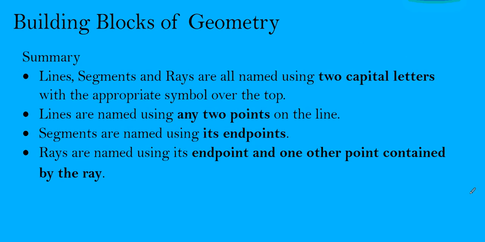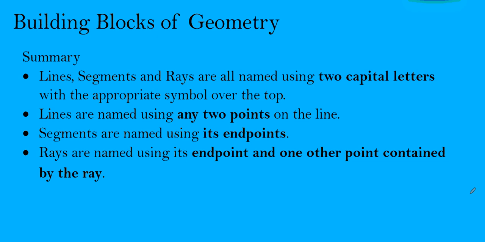So in summary, lines, segments, and rays are all named using 2 capital letters. Capital letters. That's important. A lot of times people want to put lowercase. That's not going to be communicating understanding. Lines are named with any 2 points. Lines are the easiest to name, with the line symbol over the top.